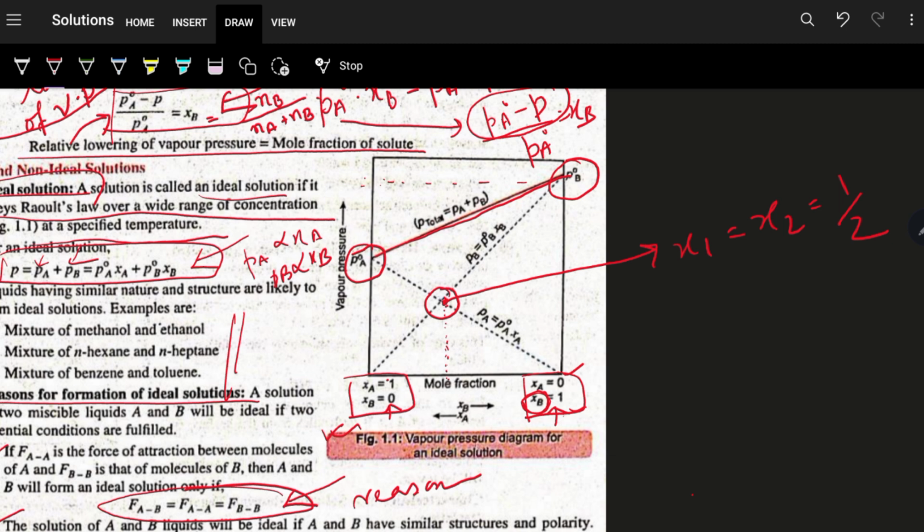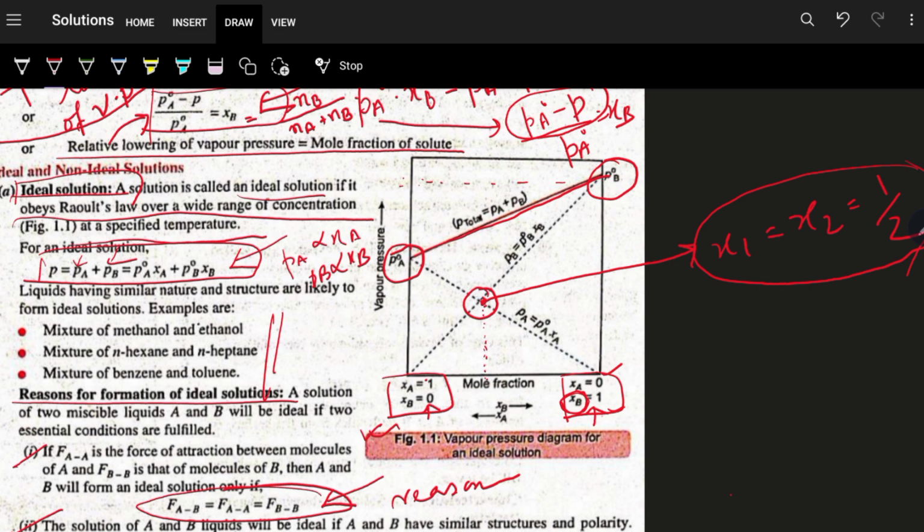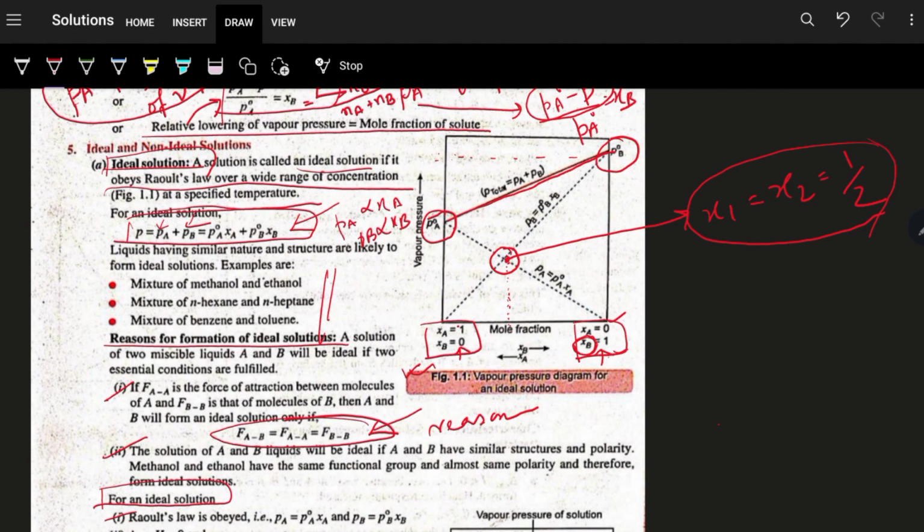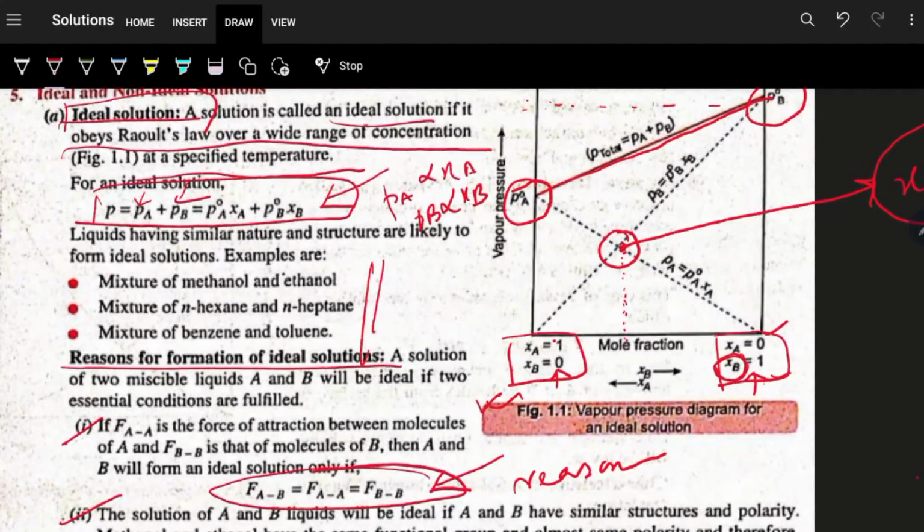The point of intersection of the two plots depicts the mole fraction of one component equal to the mole fraction of the other component, equal to half. XA equals XB equals half, or X1 equals X2 equals half at the point of intersection of the two plots.